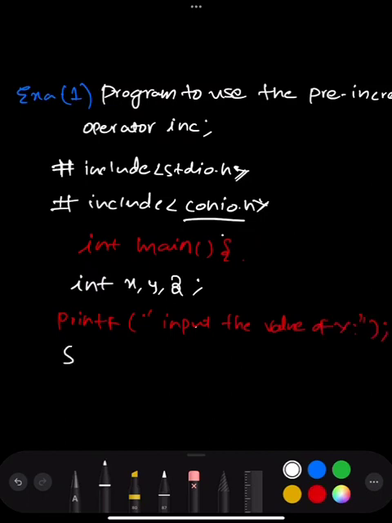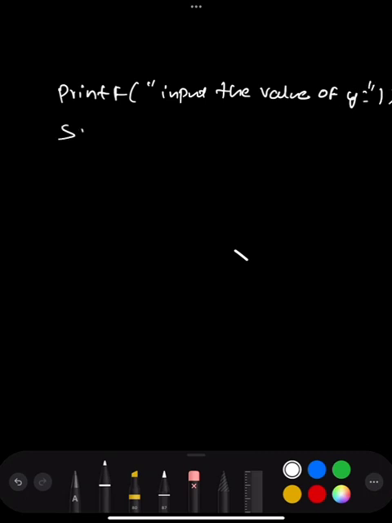Then I have to scan the value by using the format specifier %d and x. Then printf for y also, I have to do the same thing. "Input the value of y", and for scanf, %d and y.